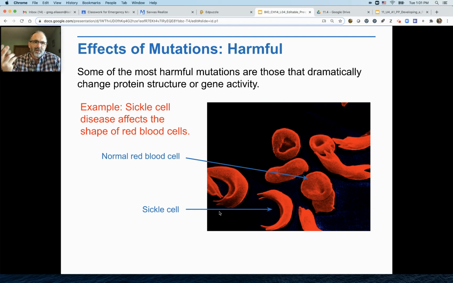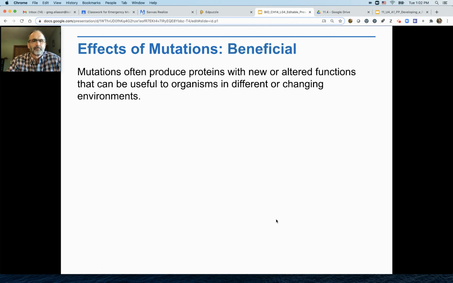And so when that protein folds, it has a different shape, and so it interacts with other proteins differently, and the blood cells end up being sickle shaped, literally sickle shaped, and that causes problems. They tend to clump and create a whole bunch of problems with circulation and oxygen delivery to the entire body.